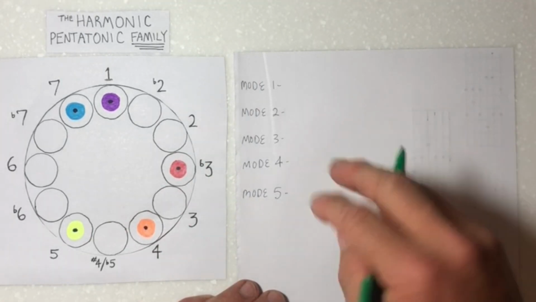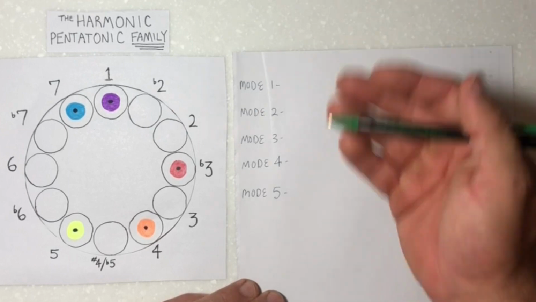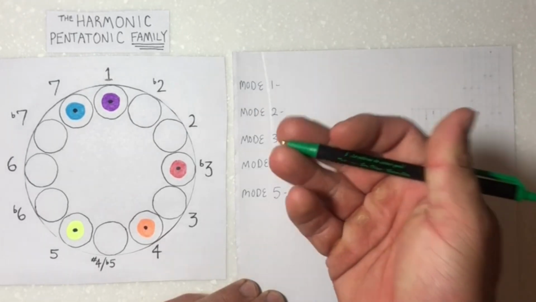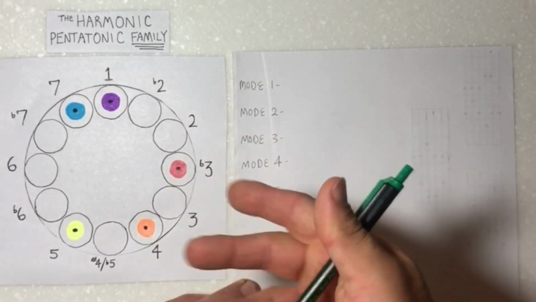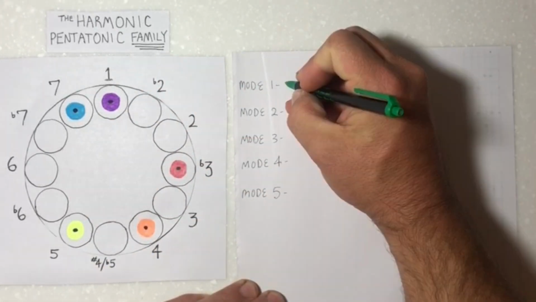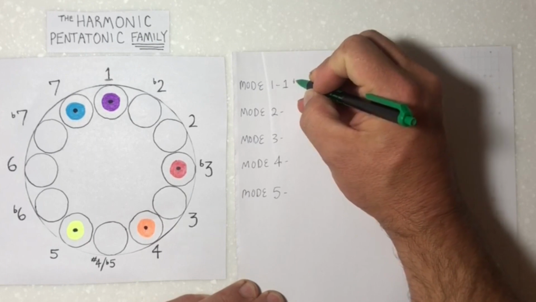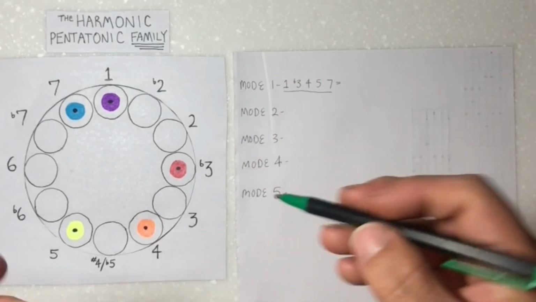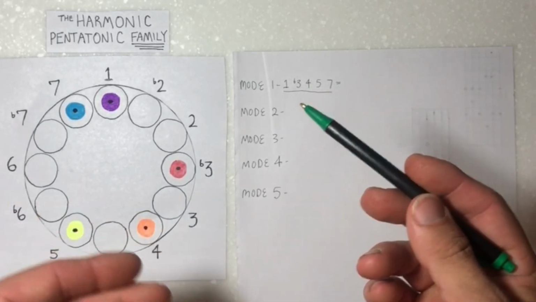So here I've got modes 1 through 5 written down just because we're not giving them names. Our first mode is just the harmonic pentatonic scale. It gives us 1, flat 3, 4, 5, and 7. And then we want to think, what chord does this equal here?